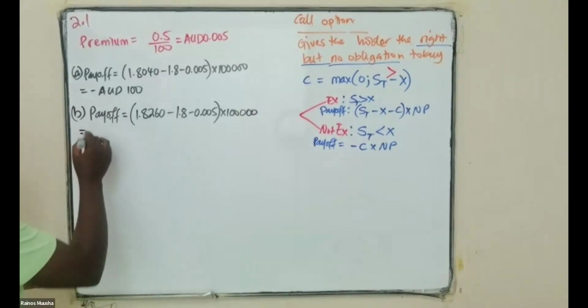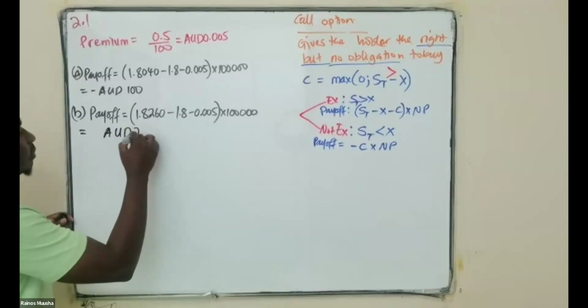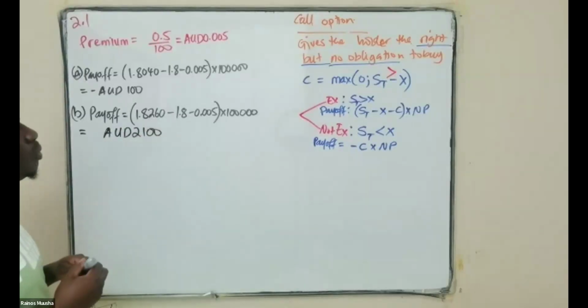So how much would be your payoff here? $2,100 Australian dollars. Positive or negative? Positive. So we make a gain.